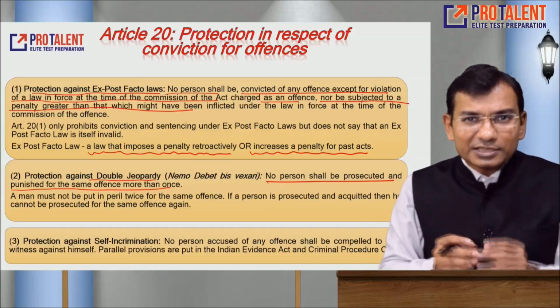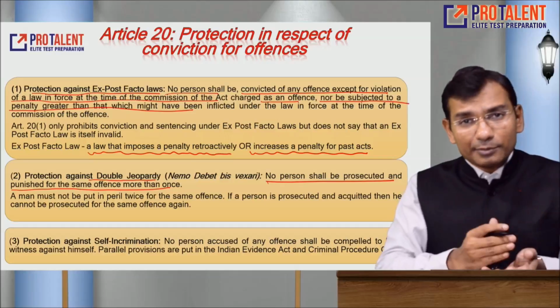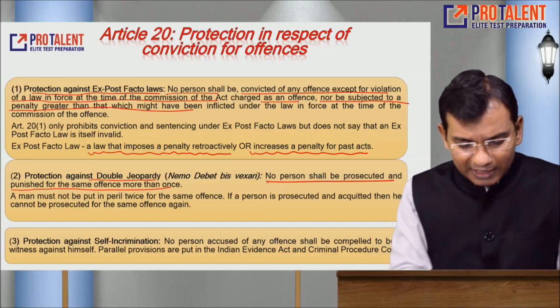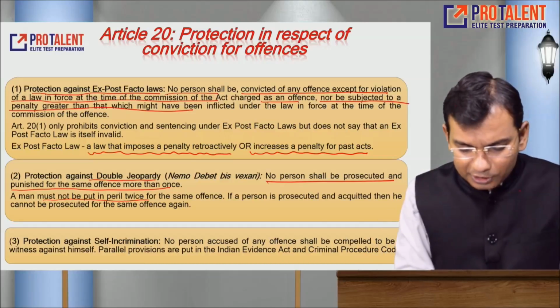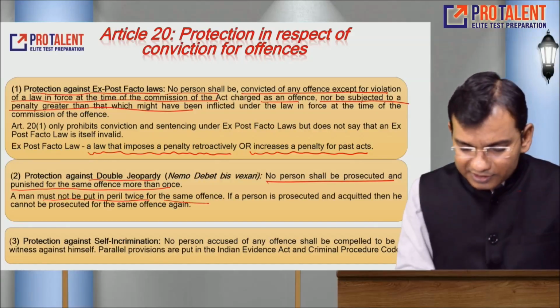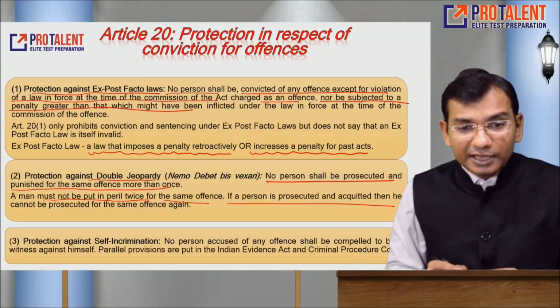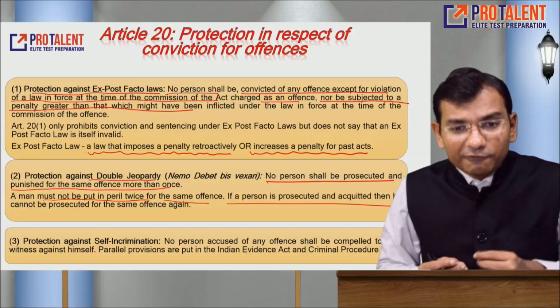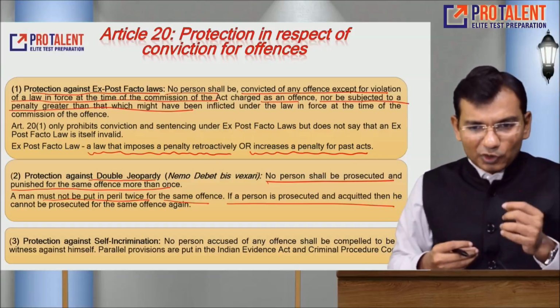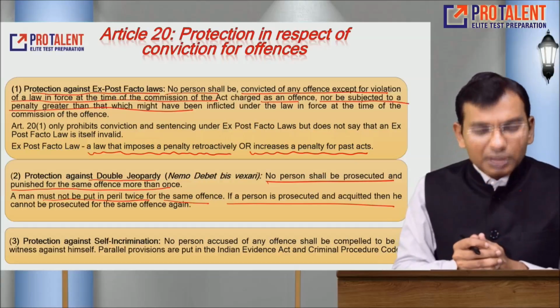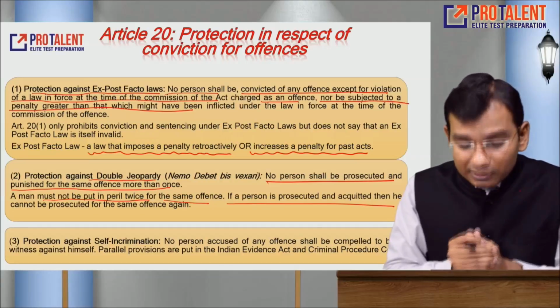Okay, so for the same offense nobody can be punished twice. A man must not be put in peril twice for the same offense. If a person is prosecuted and acquitted, then he cannot be prosecuted for the same offense again. Okay, chaliye, great. So that is number 2, protection against double jeopardy.